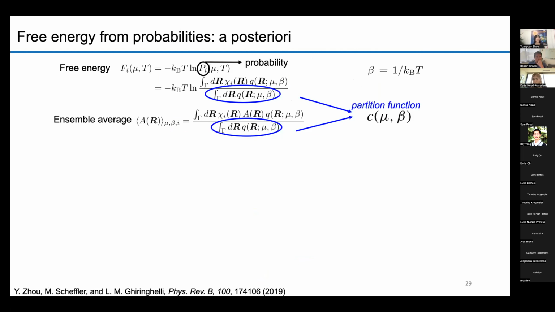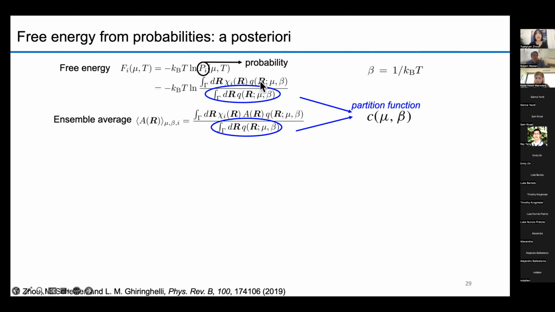Once we get thousands or even millions of data points from the replica exchange grand-canonical sampling, the main task for us is to calculate the free energy of a specific phase i at a specific chemical potential and temperature. From statistical physics, we know that the free energy is related to the probability to find this phase i.